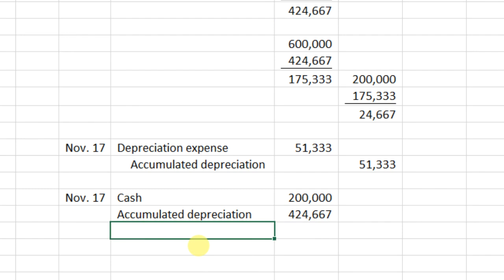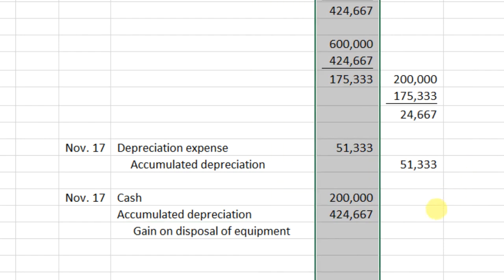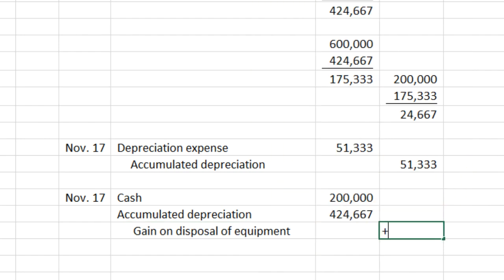Okay, now we determined that we had a gain. So let's recognize our gain. Gain on disposal of equipment, and we had calculated that number already. So the point here is don't just plug in the number, calculate your gain, do your journal entry, and then check it to make sure debits equal credits.